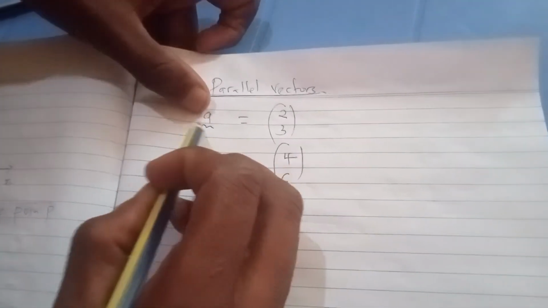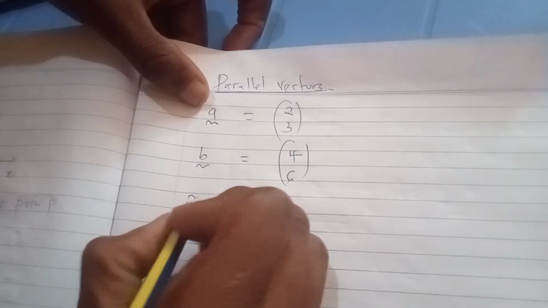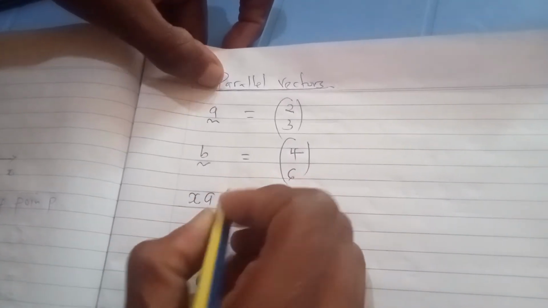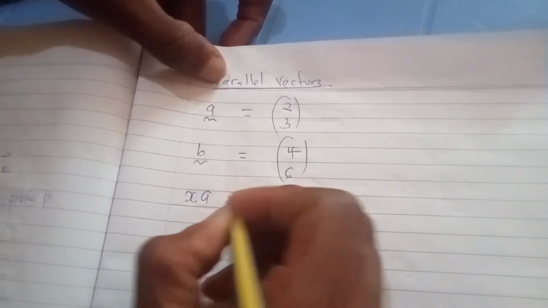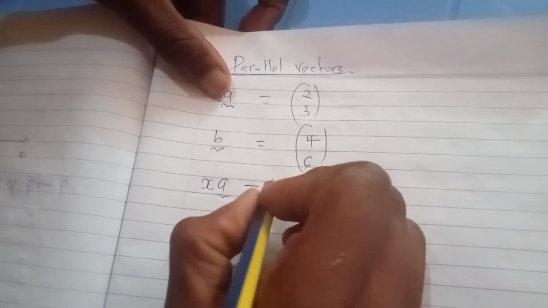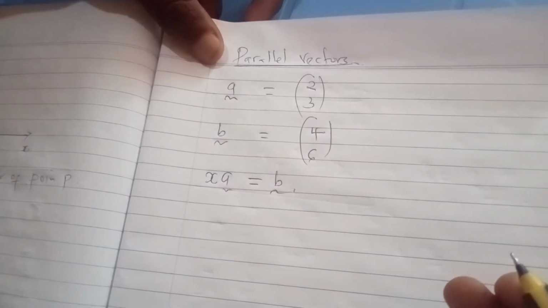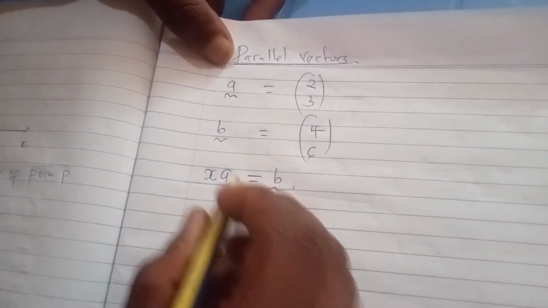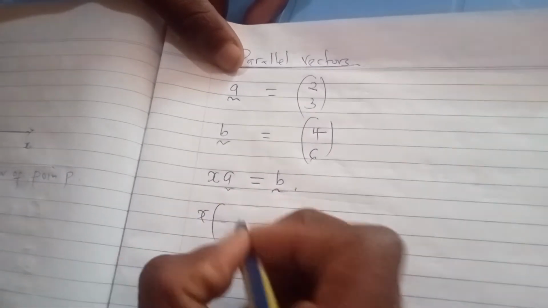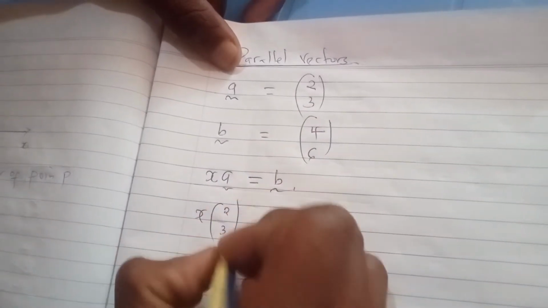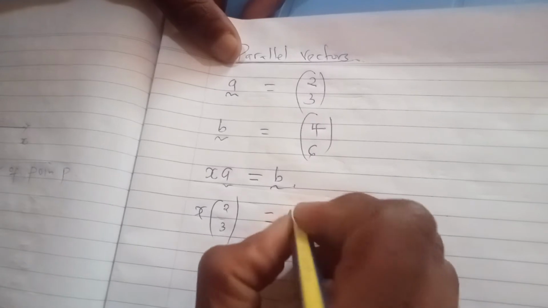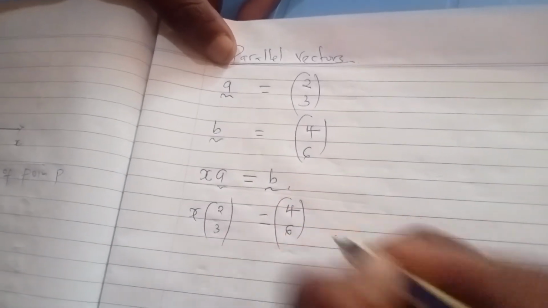We may multiply A with a scalar, let us say x, so that we get vector B. So x times (2, 3) is equal to (4, 6).